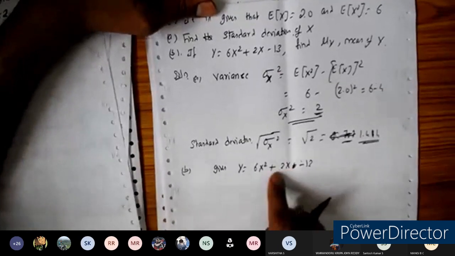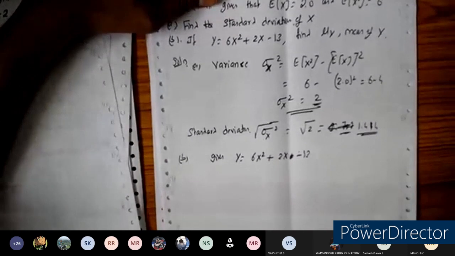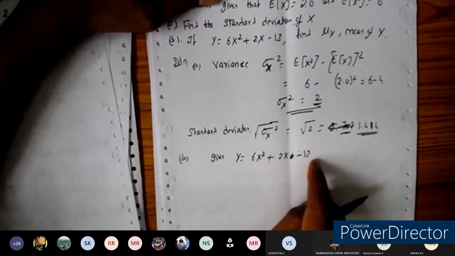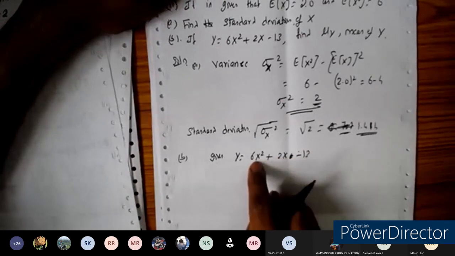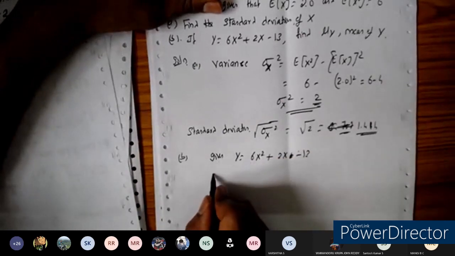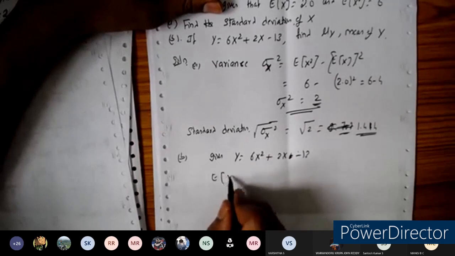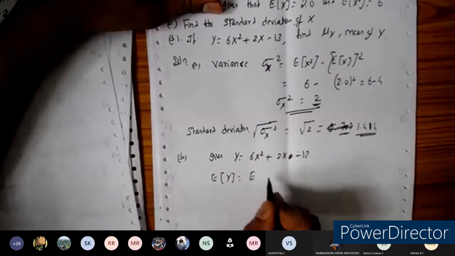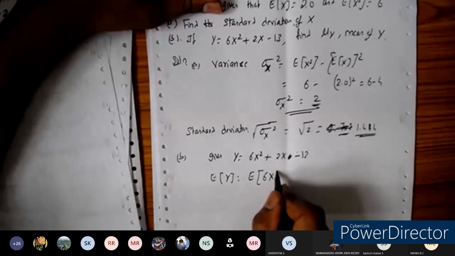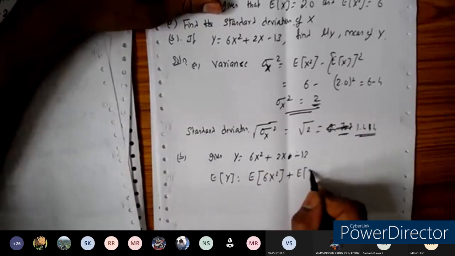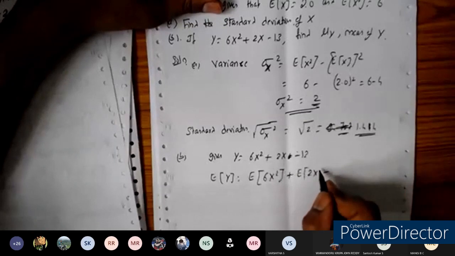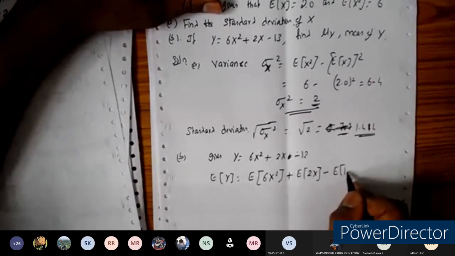We know the property of expectation: the expectation of a constant remains the constant, the expectation of x becomes the mean, and x square becomes the mean square value. We need to find the mean here. So expectation of y is equal to expectation of 6 into x square, plus expectation of 2 into x, minus expectation of the 13.